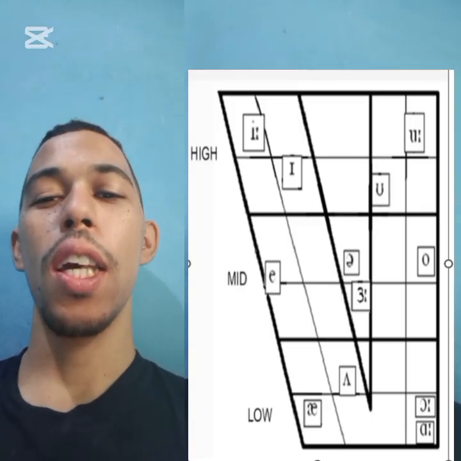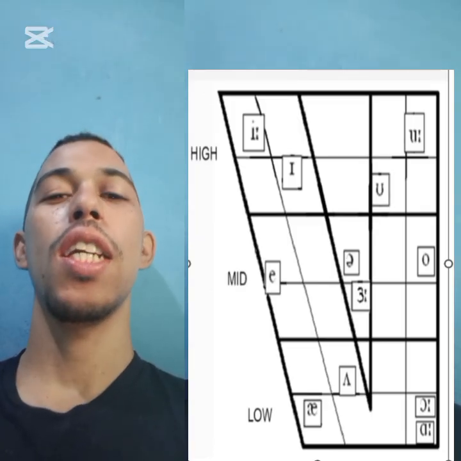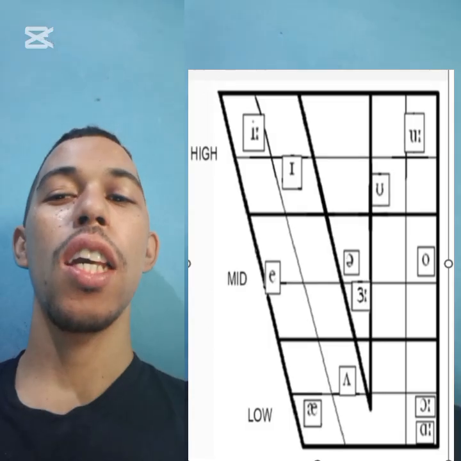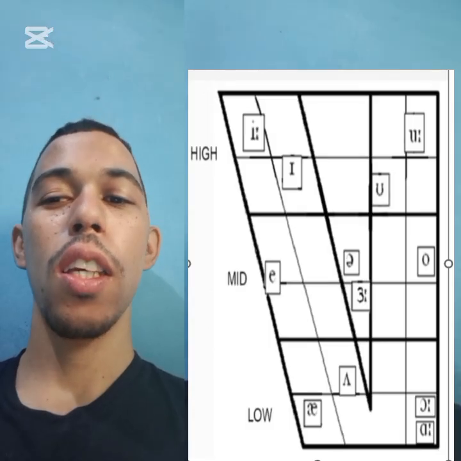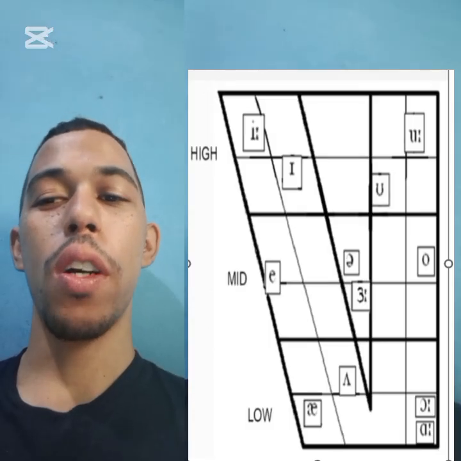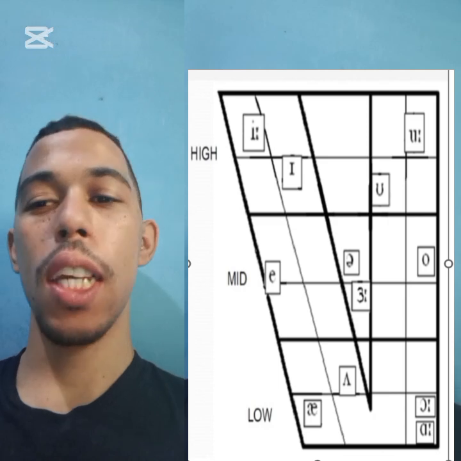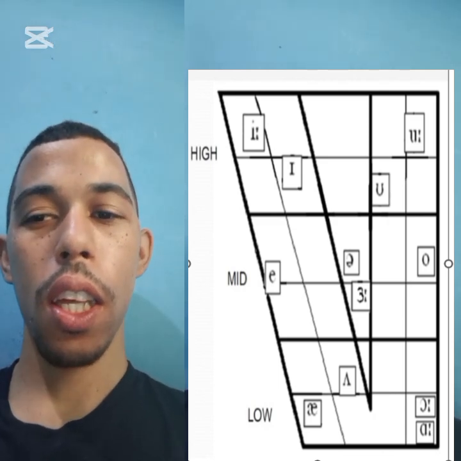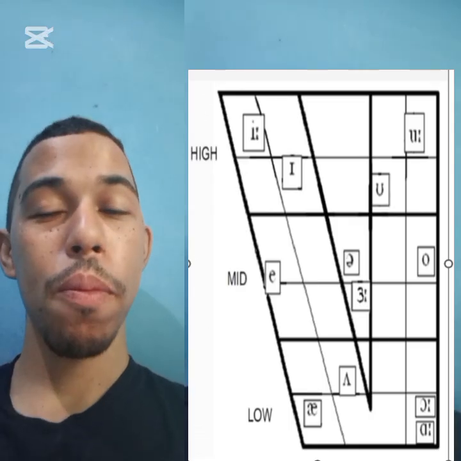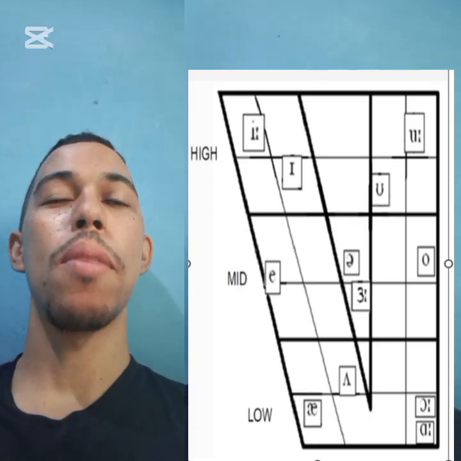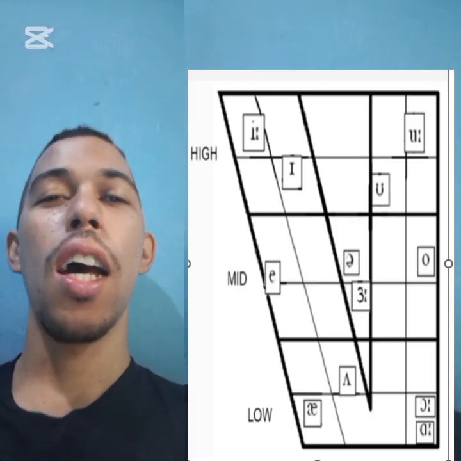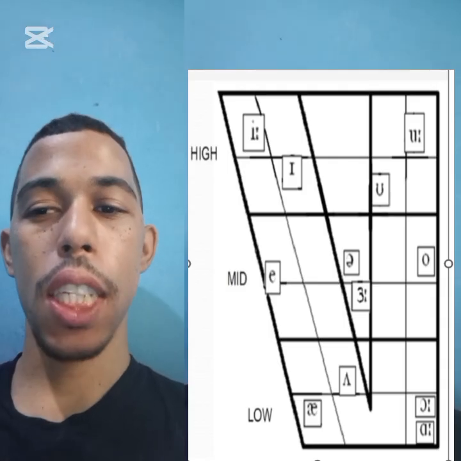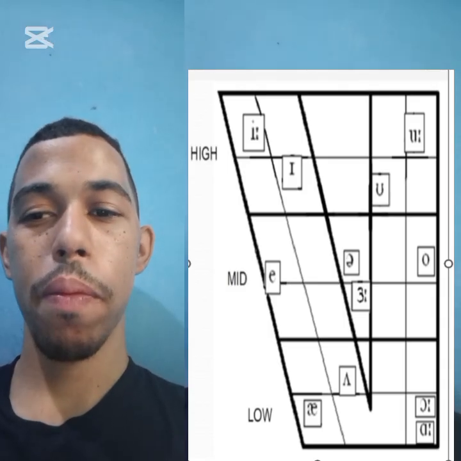You can find this phoneme in words like "you". Lower in the back, we can see the phoneme "uh", which is relaxed, and we can find it in words like "foot".